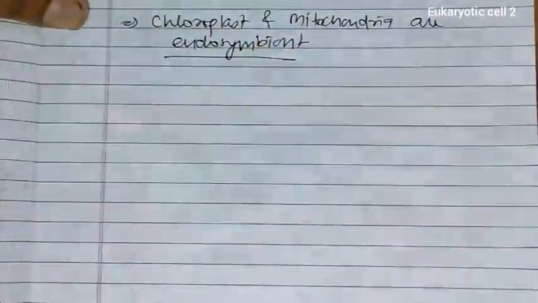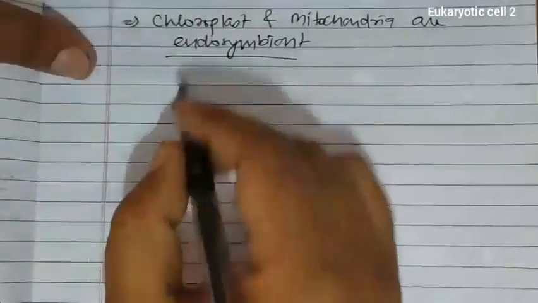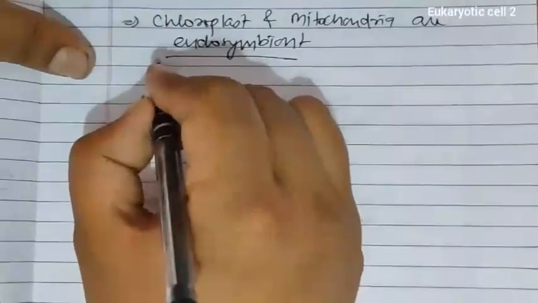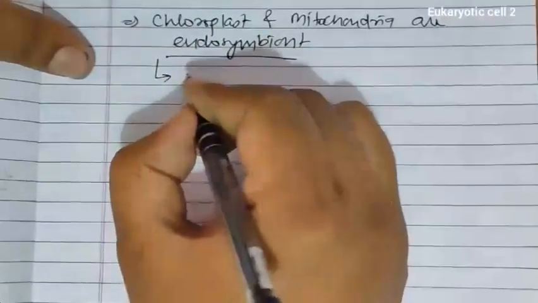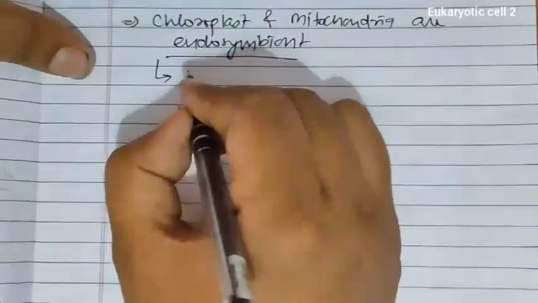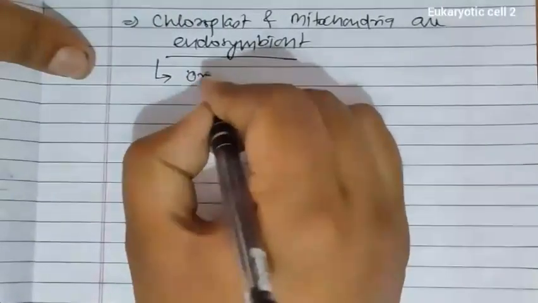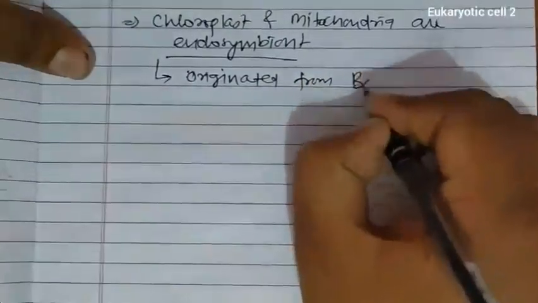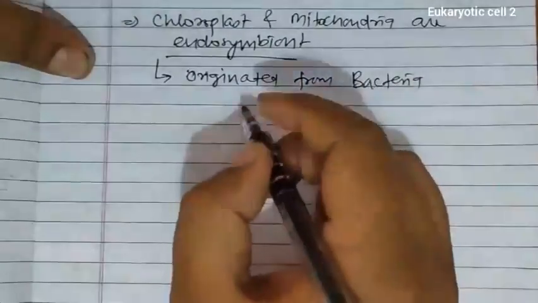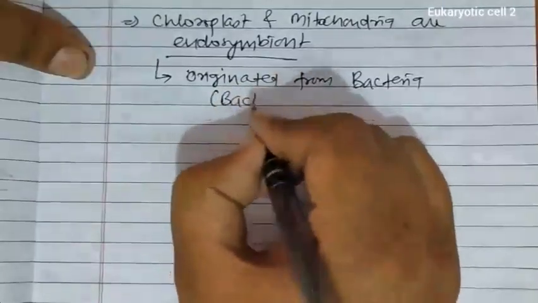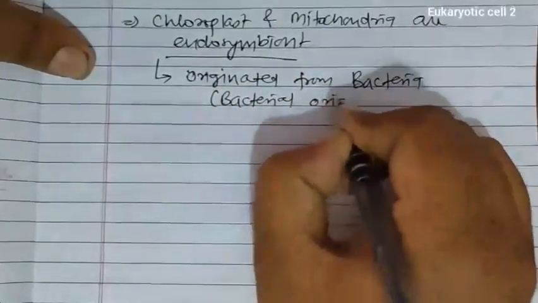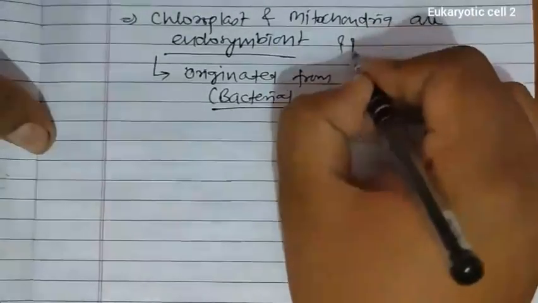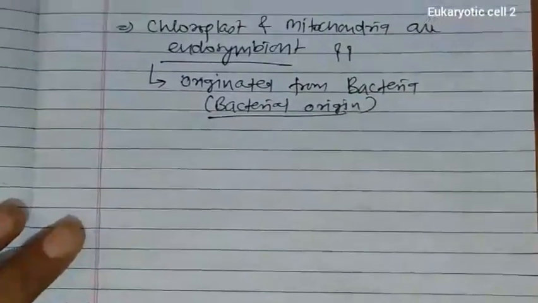They are endosymbionts and they show a symbiotic mechanism, and they have originated from bacteria, which means they show bacterial origin. So why is it considered that they are endosymbionts and have a bacterial origin?